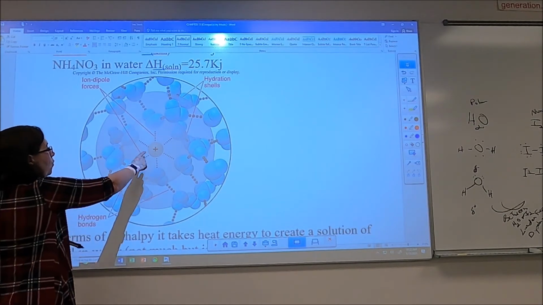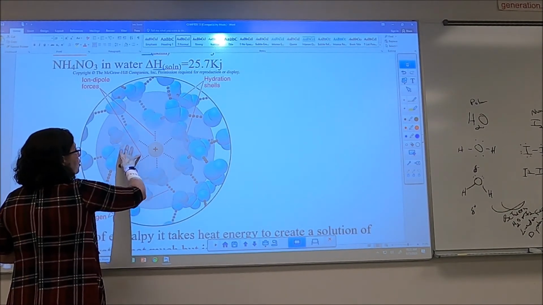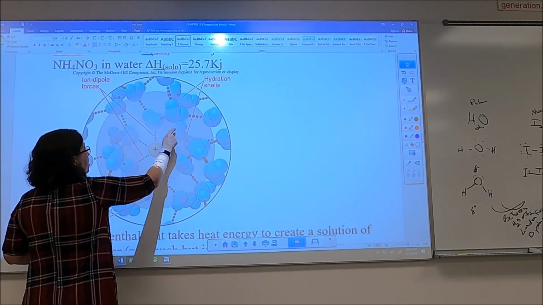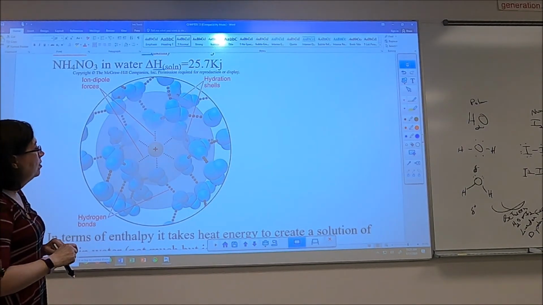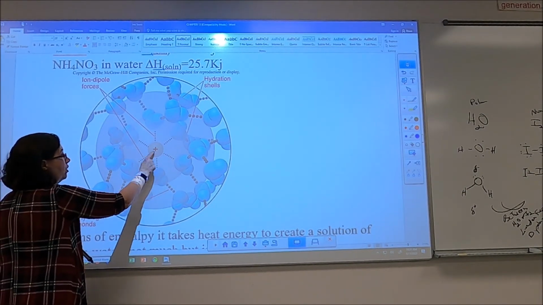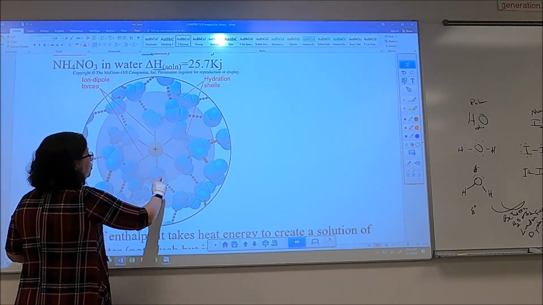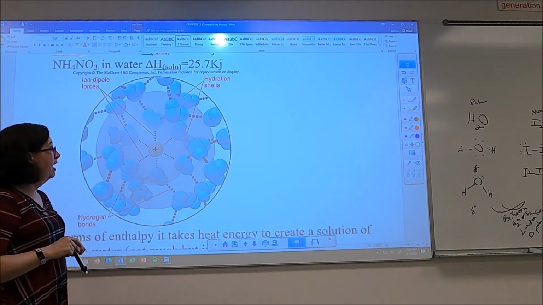One positive ion, like a sodium ion, is going to be surrounded by 6 water molecules with the oxygen side closest to that ion, because the oxygen side of the water molecule is the slightly negative end. These water molecules essentially become the entourage for this positive ion.